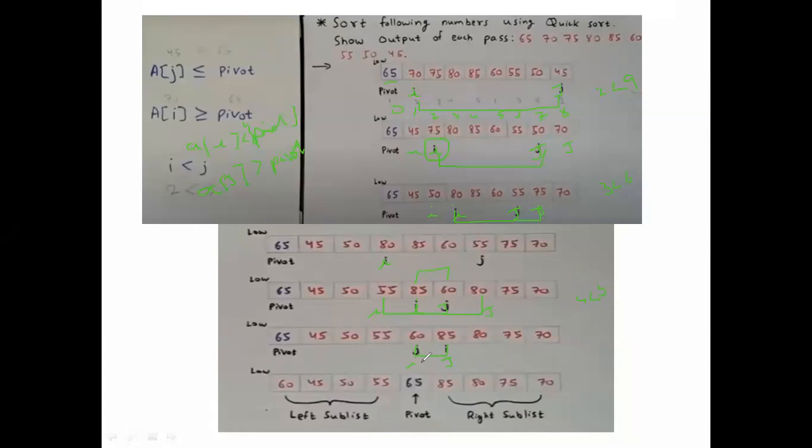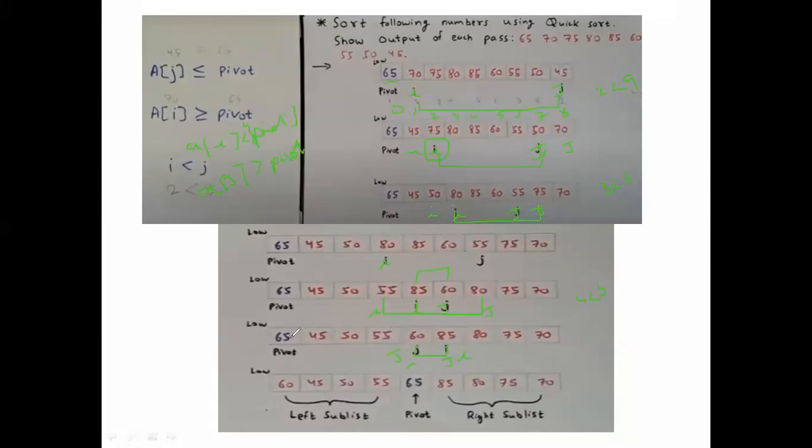I is less than pivot, then I increment by 1, so I come here, then I stop here. J is 85, greater than pivot, so decrement j by 1, j comes here. Now the condition stops because 65 is less than, so j here, I here.